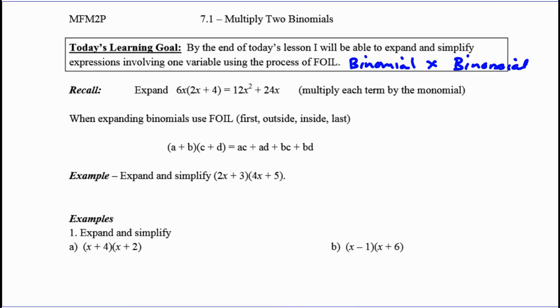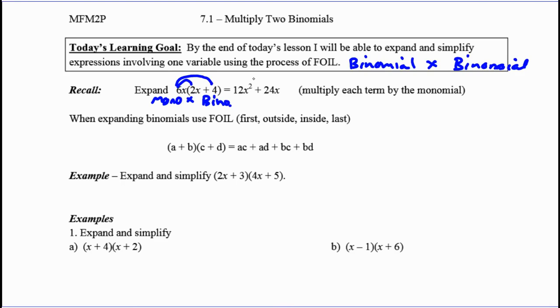We just looked at an example with a monomial times a binomial, and we got another binomial. But notice the pattern here. 6 times 2 is 12, and x times x is x squared. 6 times 4 is 24, and x times nothing there is still x.